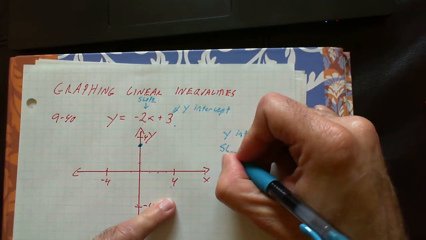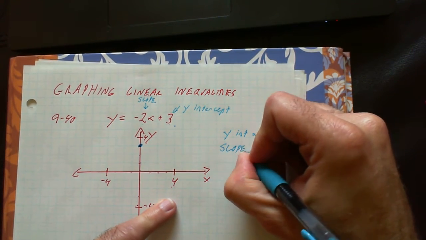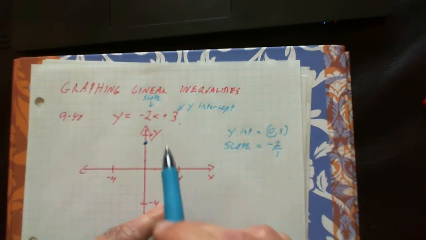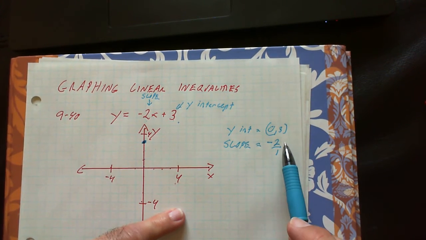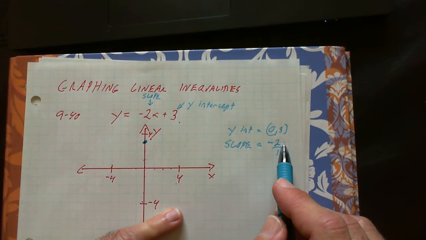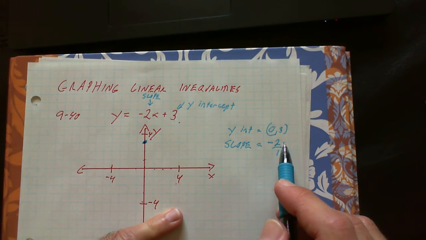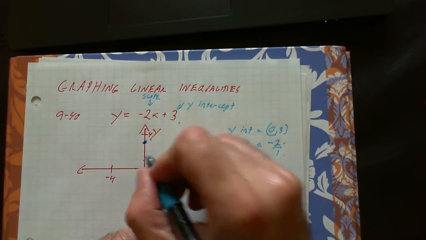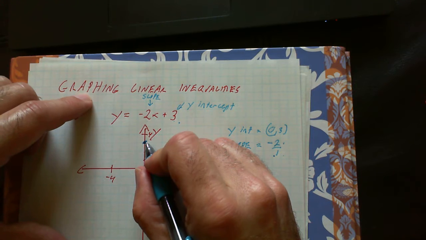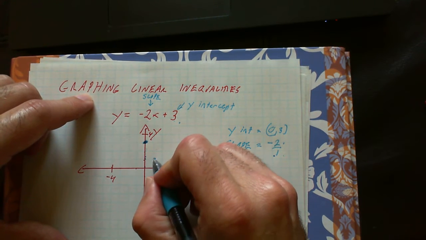And the slope, or the m, is negative 2 over positive 1, right? That's a negative 2. That means I rise and then I run. So negative 2, am I going to go up or go down? You're going to go down 1, 2, and then I run 1.